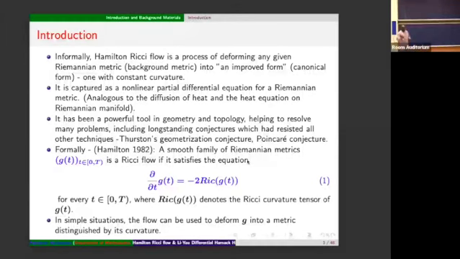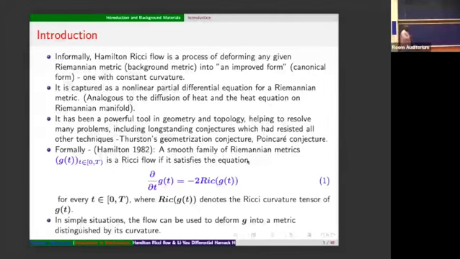It has helped to resolve so many problems, most especially the long-standing Poincare conjecture, which had resisted so many solutions before the introduction of Ricci flow. The basics of Ricci flow, combined with some analytical tools from Perelman, were able to solve Thurston's geometrization conjecture, which has the Poincare conjecture as its corollary.